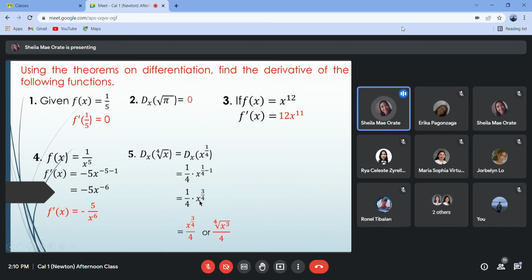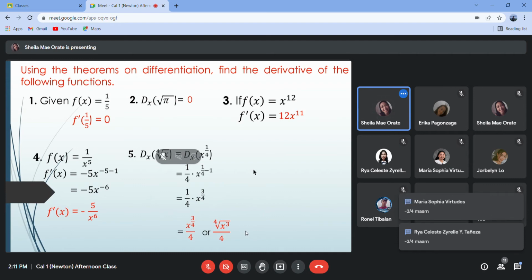So, i-multiply na to ang x raised to the power of 3 fourths sa numerator. Hindi siya negative 3 fourths? Ila ang 1 fourth minus 1 gani? Ako nakuha nga answer is 3 over 4. Okay, check ni Ma'am. 1 fourth minus 1.